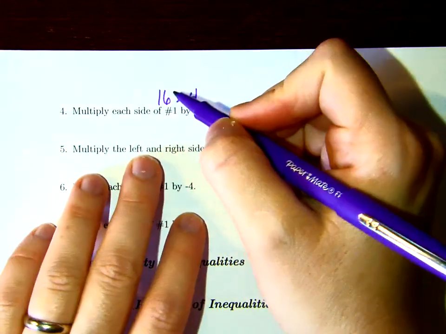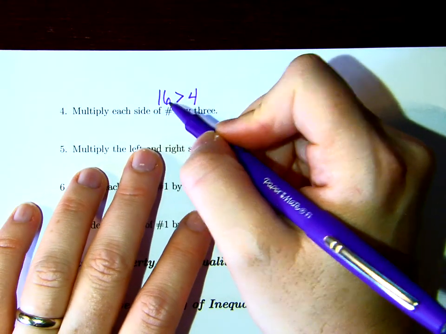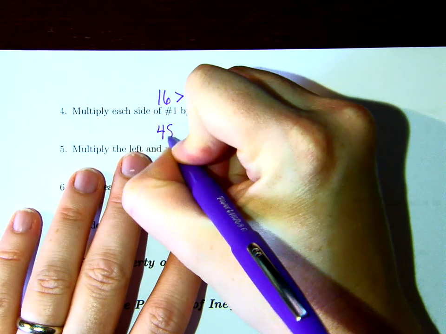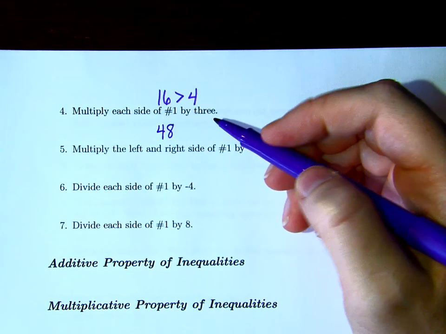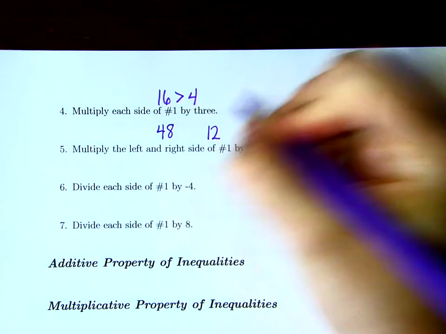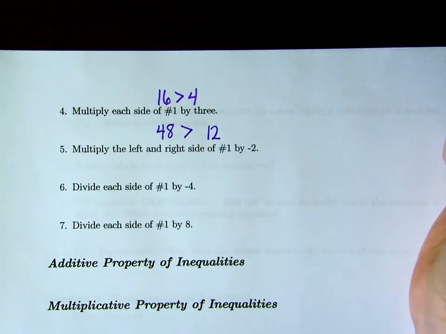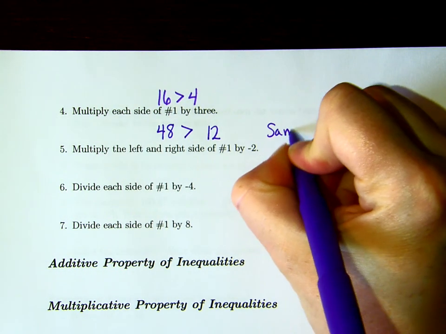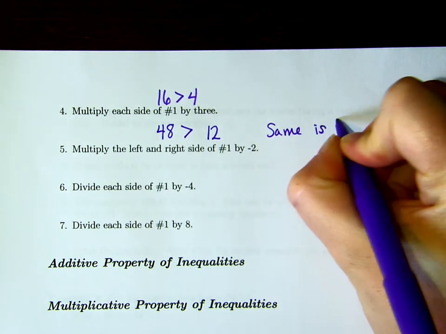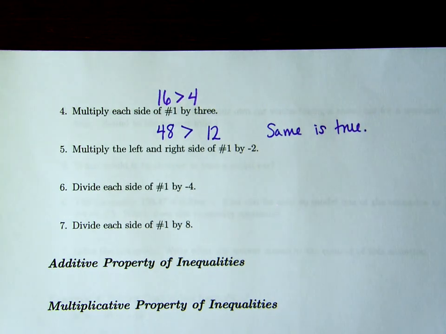Well, 3 10s makes 30, and 3 6s is 18. So this is 48. And triple the 4, and we get 12. And 48 is greater than 12. So again, I see that the same inequality is holding true.